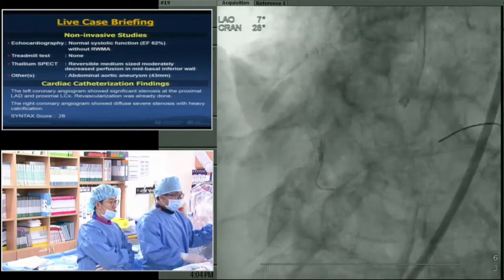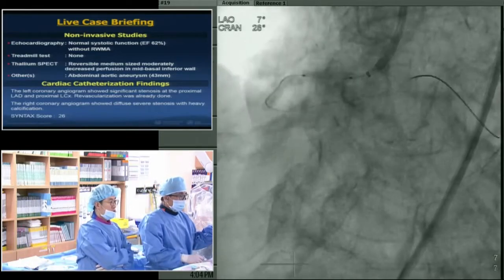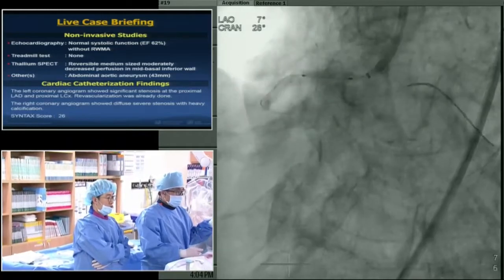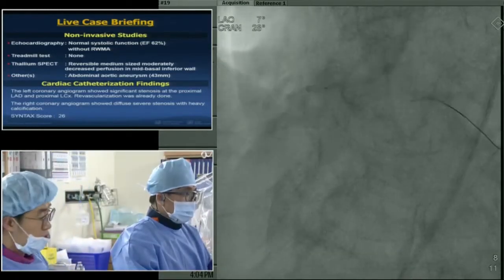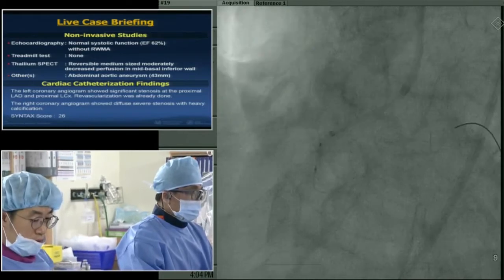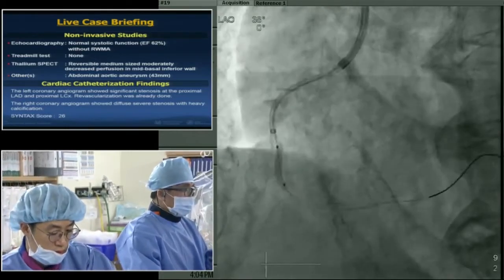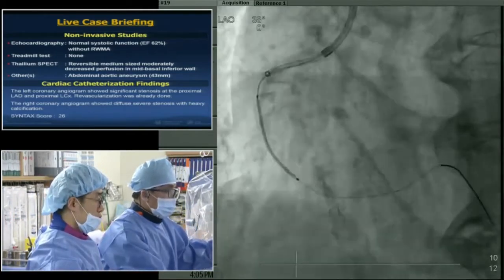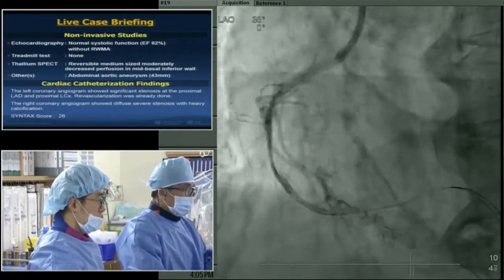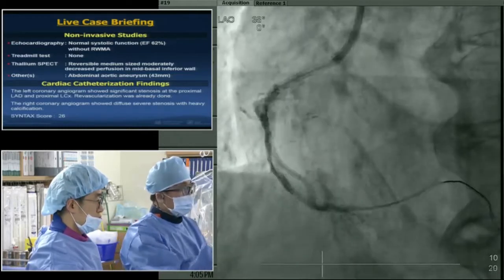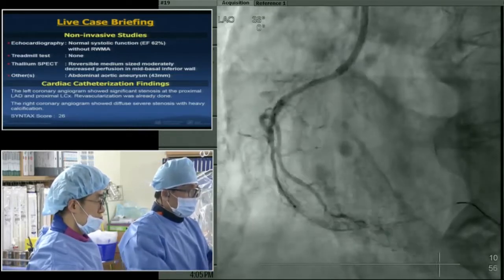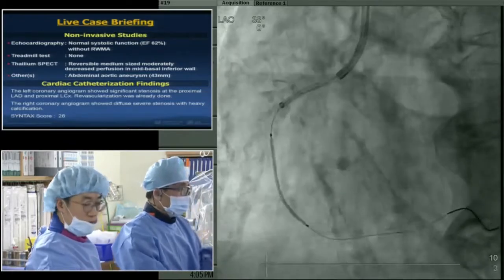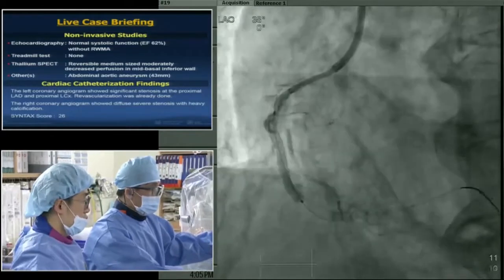At that time, we introduced the Guidezilla and did rapid ballooning using a 2.5 millimeter balloon, and introduced the Guidezilla more deeply, and dilated the critical stenosis located at the distal RCA, and then rapidly changed to put the stent there. We already had some landing zone at the distal. This is a 3.0 by 38 millimeter stent. Deployed it.